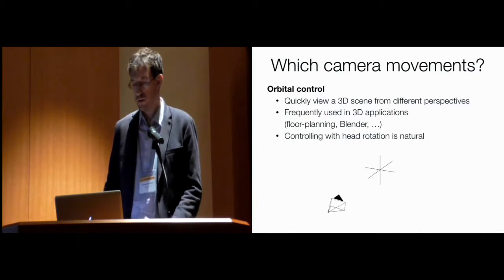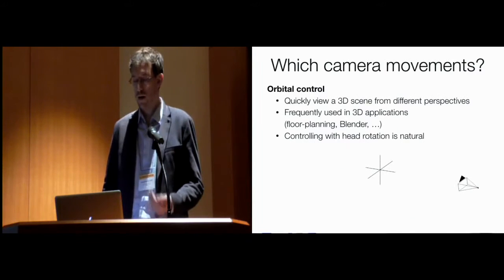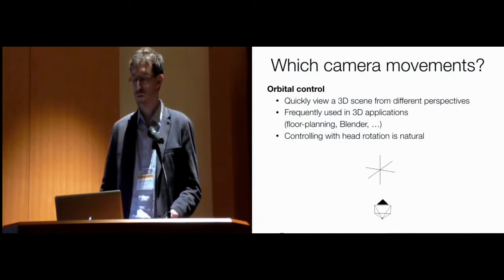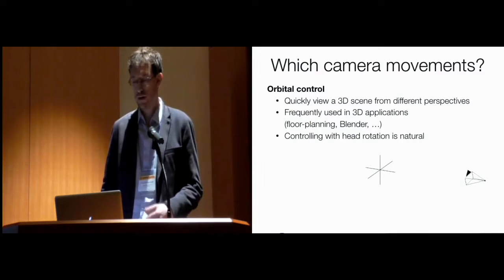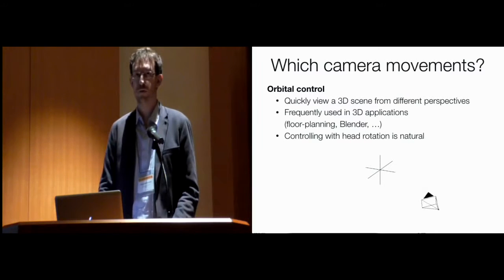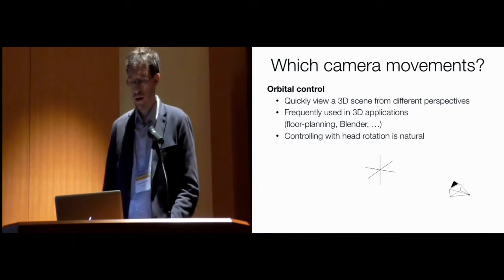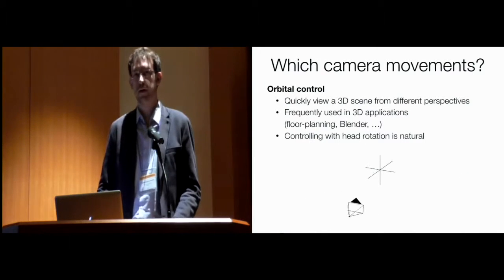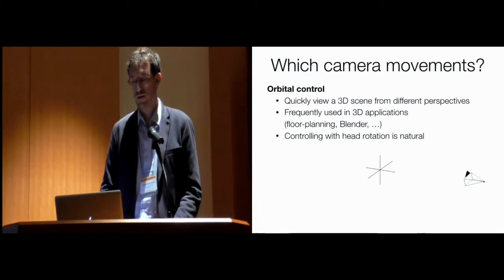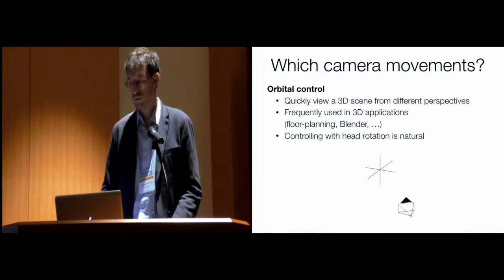We found that orbital control enables the user to quickly view a 3D scene from different perspectives, and is also frequently used in room planner applications or modeling software. And it's fairly intuitive to use the head to control this kind of rotation.